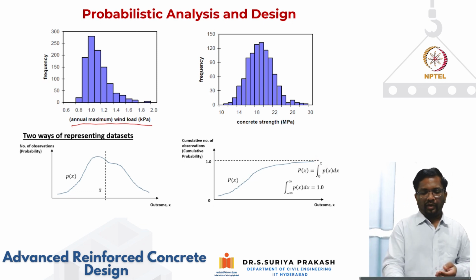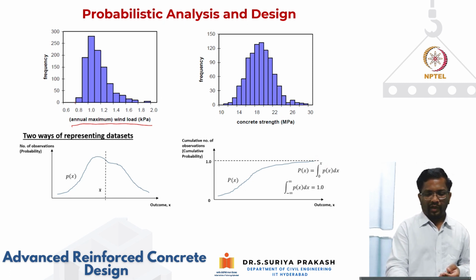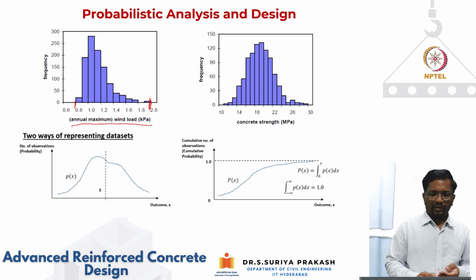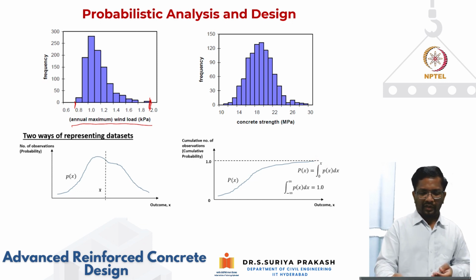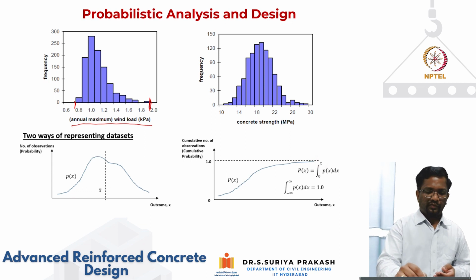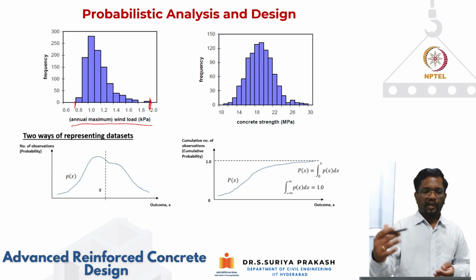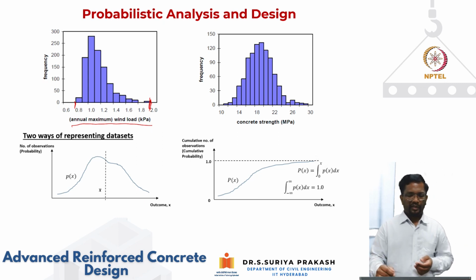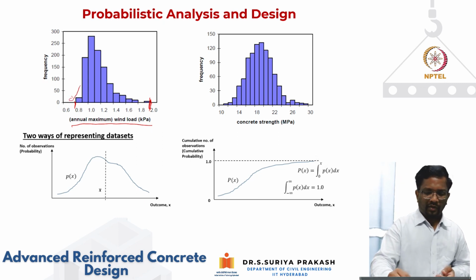For example, the variation is from 0.8 to about 2 kilopascal in the annual maximum wind load distribution that you have. The y-axis is frequency, how many times it has actually reached this value. So you can see that there is a good distribution like this.